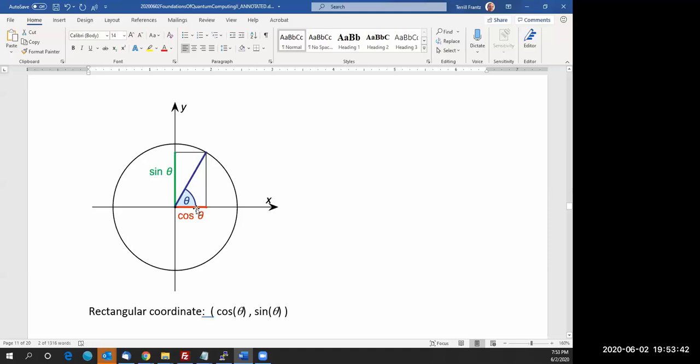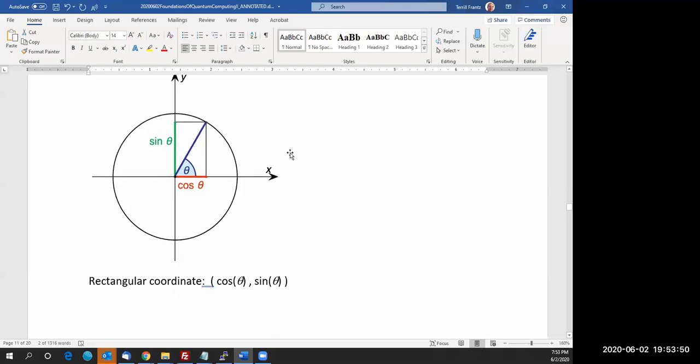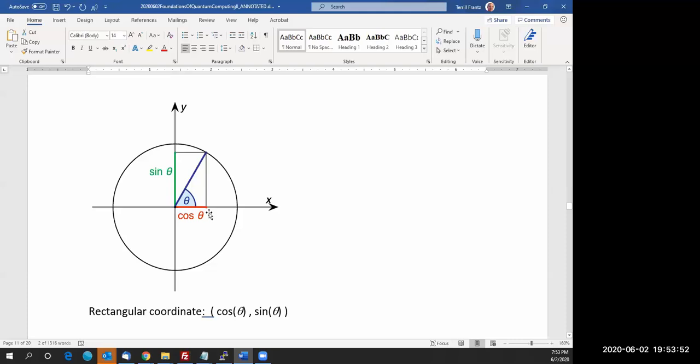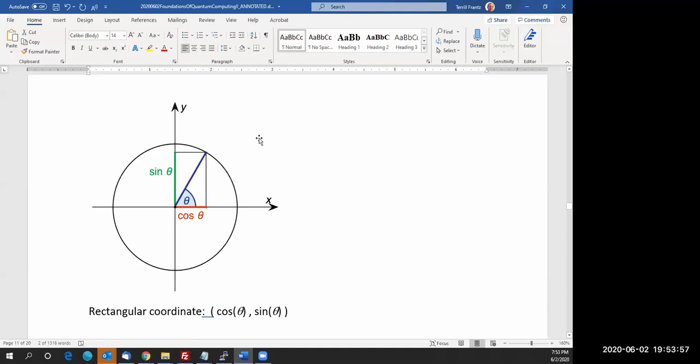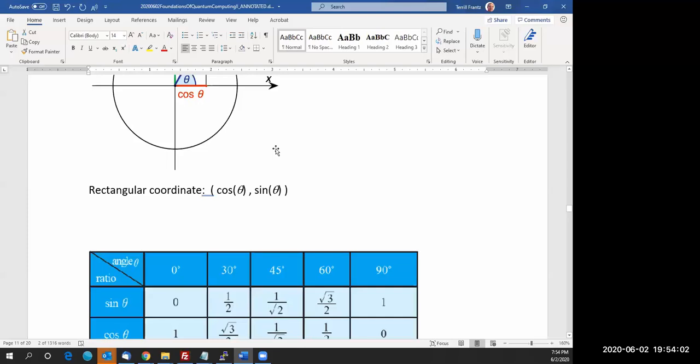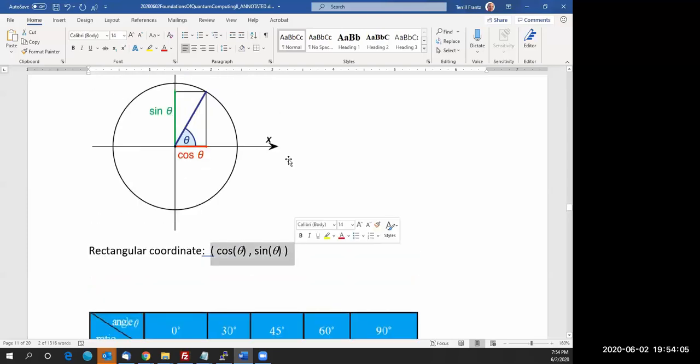This is one of the things that just confuses people in reading the books. The point is that we're referring to the same thing using these trigonometric functions. You'll also see the rectangular coordinate in this form, cosine of theta, comma, sine of theta. So this is something to watch out for.